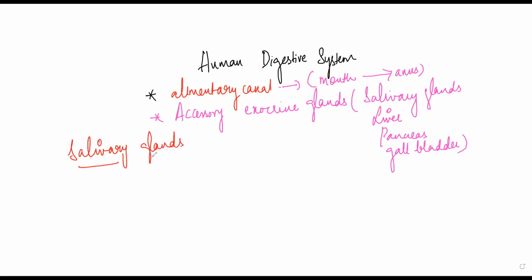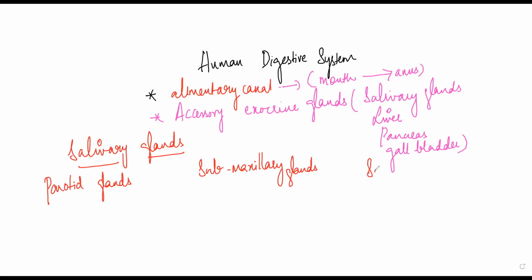As you can see, there are three different types of salivary glands, three pairs. One is the parotid glands, the other is the submaxillary glands, and next is the sublingual glands.